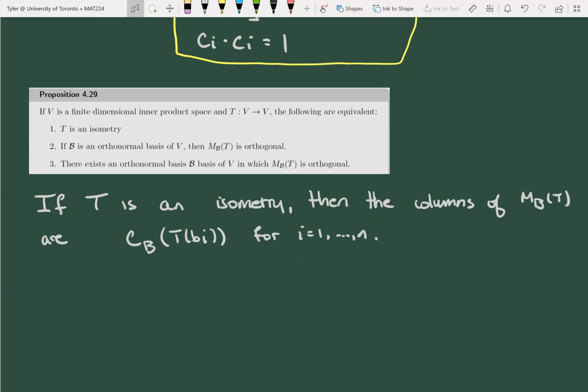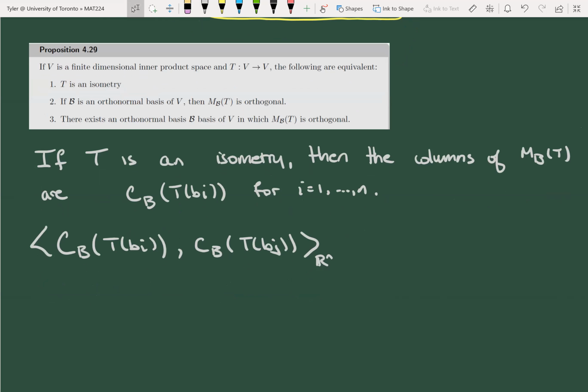So what we want to do is look at their dot products with each other. And you're looking at this, you're like, okay, this is a nightmare, this is gross. Let's just remind ourselves, this is in Rn. But we already said the coordinate transform with an orthonormal basis is an isometry.